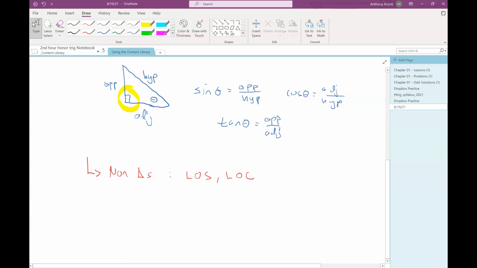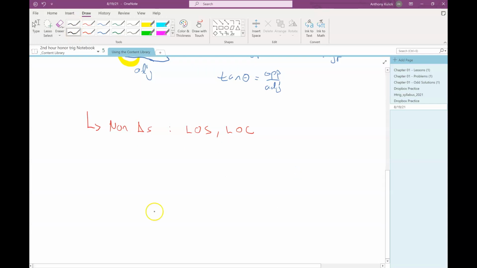But in your geometry course, when you talk about an angle, you're always talking about this part of an angle as opposed to this part, right?